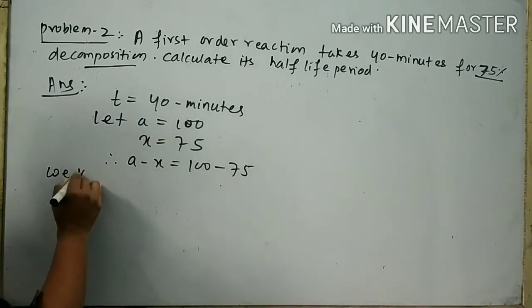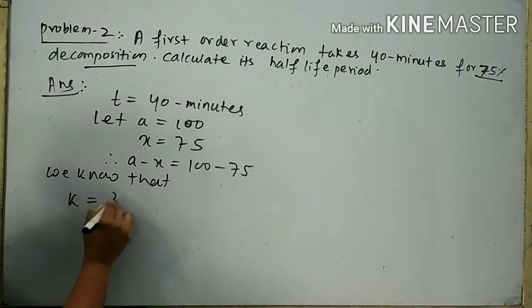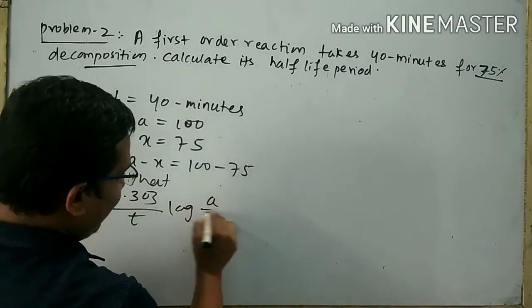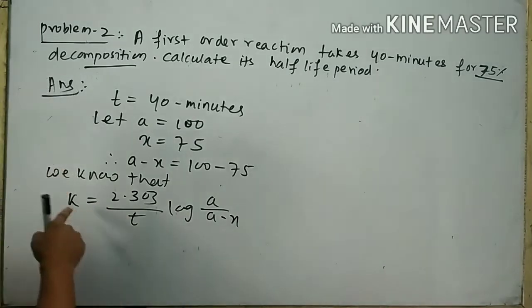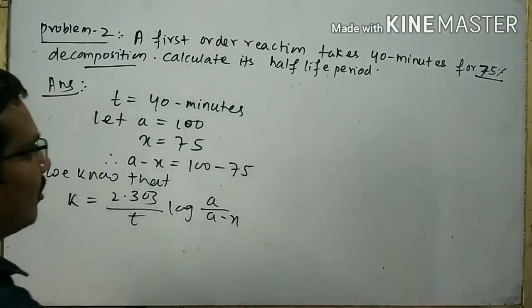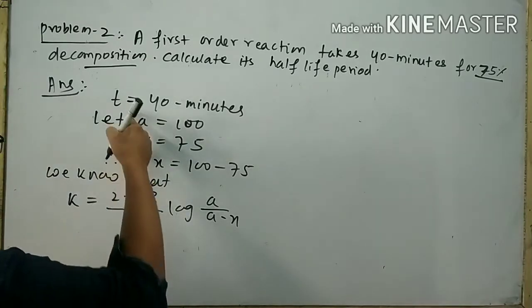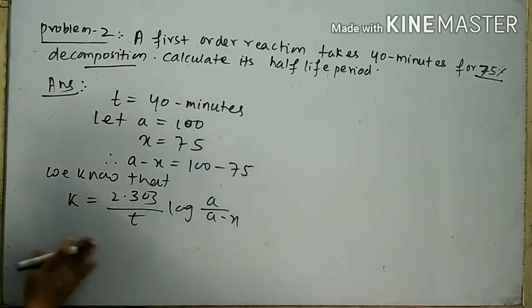We know that K is equal to 2.303 divided by T into log of A by A minus X. This is the expression for the rate constant for a first order reaction. Now put the value of T and A minus X in this equation.